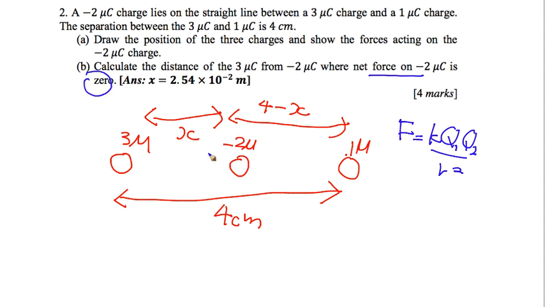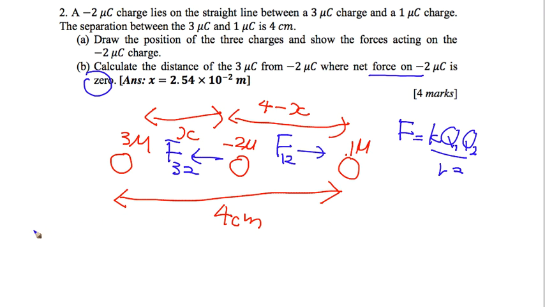So the force by charge 3 on charge 2 to the left, and the force by charge 1 on charge 2 to the right, sum to 0.